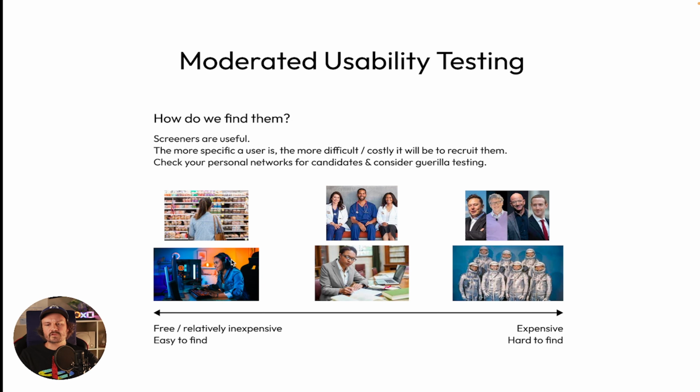And so if you are trying to find gamers, or those who stream, or are at least familiar with streaming, those could be fairly easy to find depending on what your network looks like. And I picked this image at the very top here, of an individual who is at the market, doing some shopping. I am in the middle of doing some usability testing for an e-commerce website, and it was fairly easy to find users for that in my network.